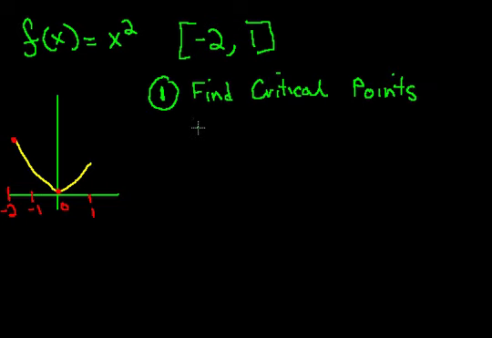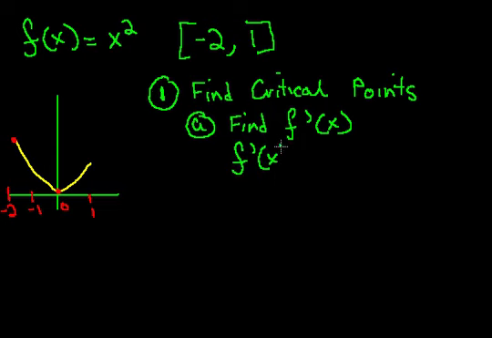And to find the critical points, within this, I'll call that A. To find the critical points, the first thing is we need to find the f prime of x. And so we use our knowledge of the power rule to find f prime of x, which equals 2x.